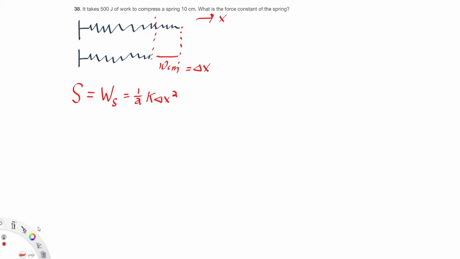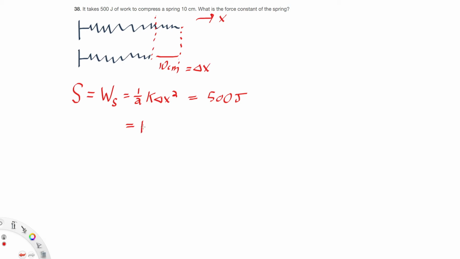So we'll do a little bit of algebra. We are given that this actually took 500 joules of work to compress the spring, which means it's also storing 500 joules in its compression. And if we let go, it would bounce back. So 500 joules stored there. We can solve for k.